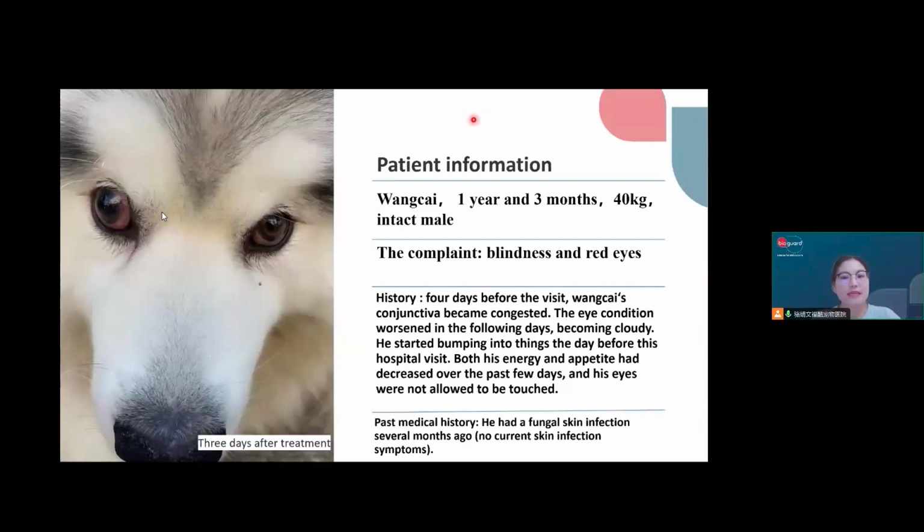Both his energy and appetite had decreased over the past few days, and his eyes were not allowed to be touched. He had a fungal skin infection several months ago. However, there were no current skin infection symptoms at the time of his visit. So after knowing this basic information, what should we do next as a vet?